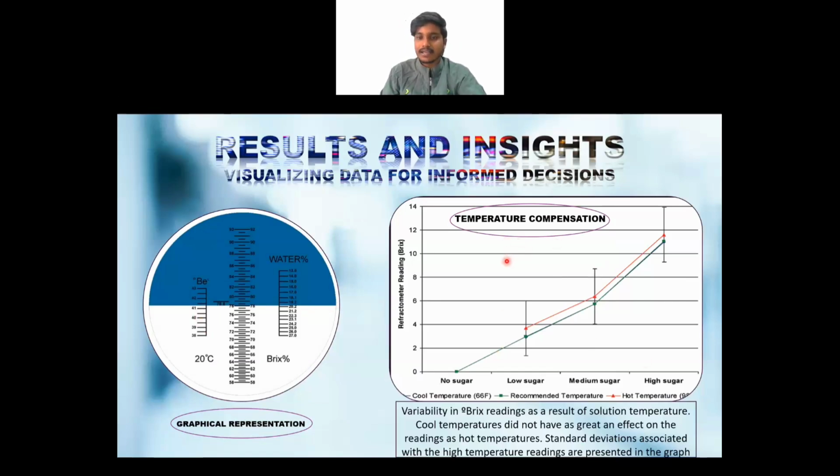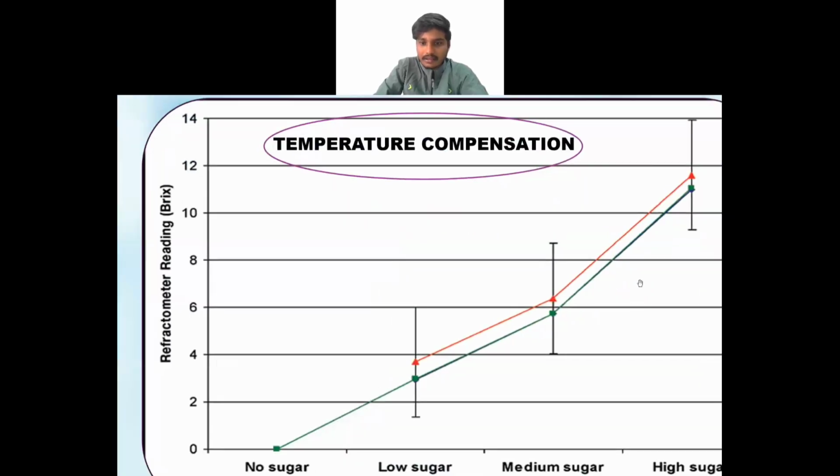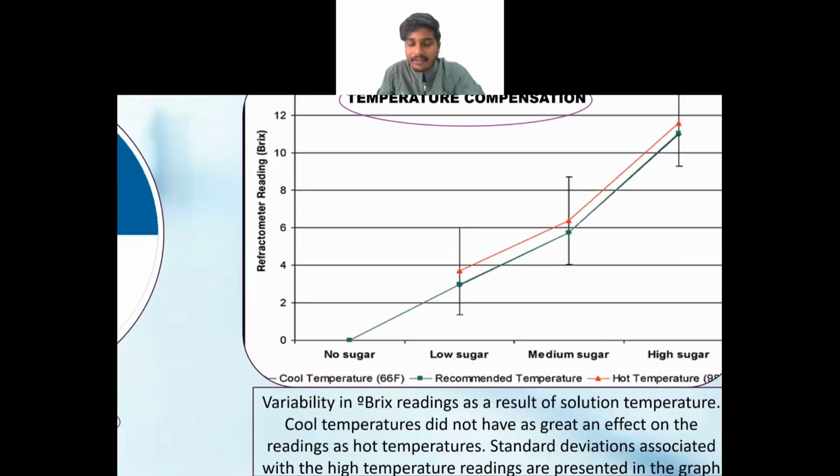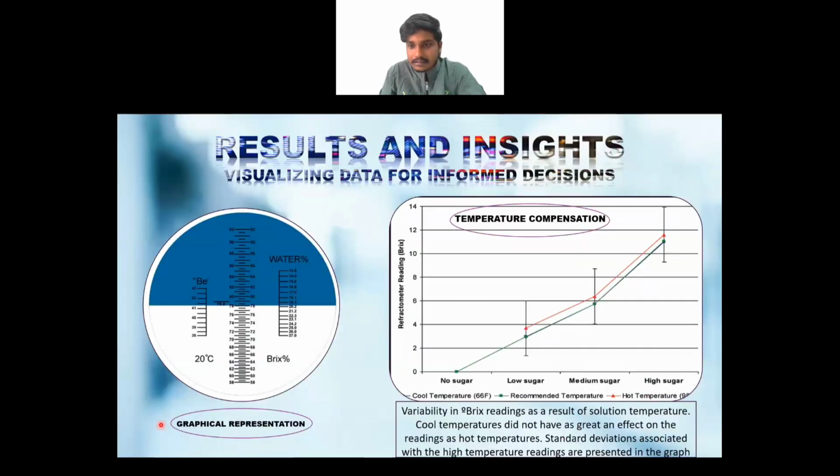As we discussed earlier, it is temperature dependent, and as we see in the graph, this violet line indicates cool temperature, and the green line represents the recommended temperature, and the red line represents hot temperature, around 98 Fahrenheit, and the cool temperature, the violet line, around 66 Fahrenheit.